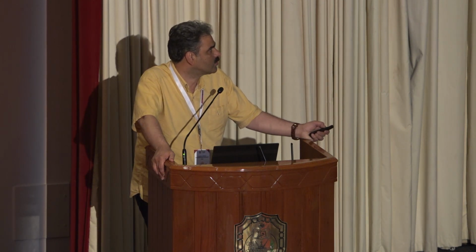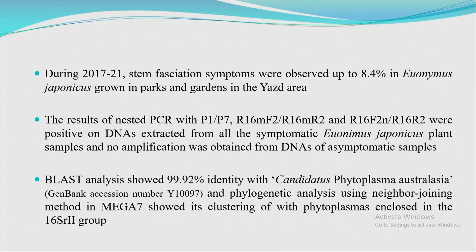The result of the molecular study with universal primers in direct and nested PCR showed that Euonymus japonicus plant samples were infected with phytoplasma belonging to the peanut witches' broom group, group 2.